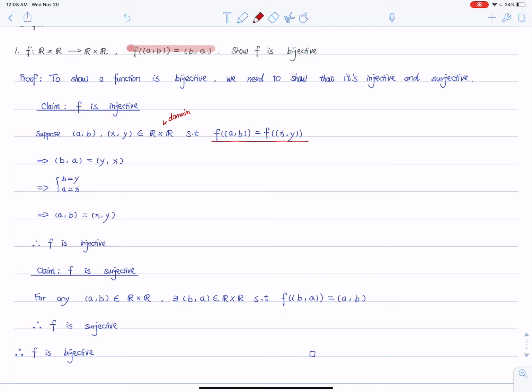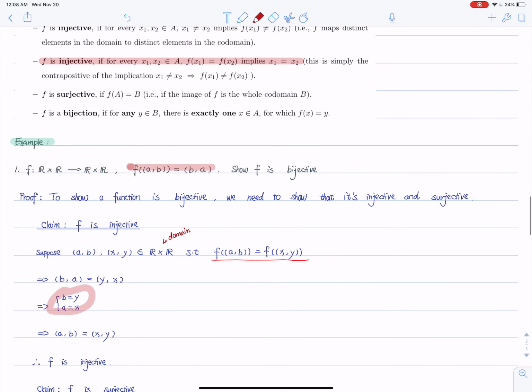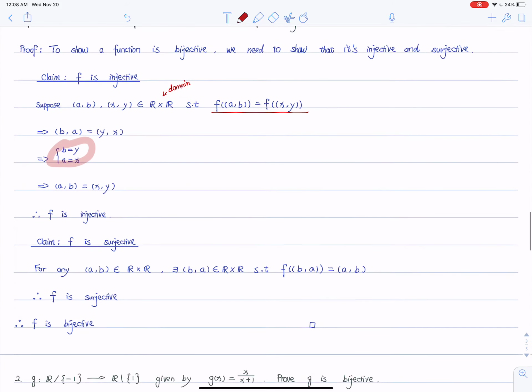Based on this, we know that b equals y and a equals x. Now we know that (a, b) equals (x, y), which is exactly what we need to prove here. Therefore f is injective.